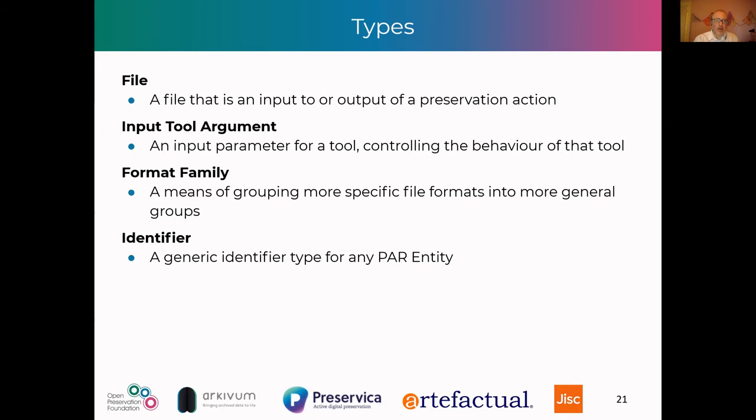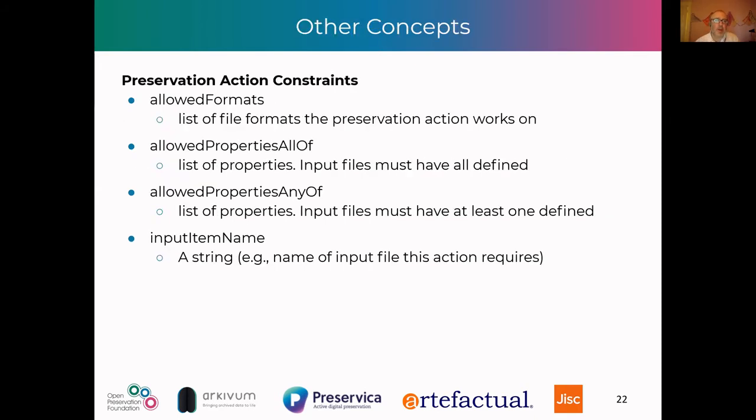And the last thing I'll just talk about is we have this idea of preservation action constraints, which is defined in the data model, which really just is ways of saying when you're running a preservation action, are you giving a list of allowed formats?